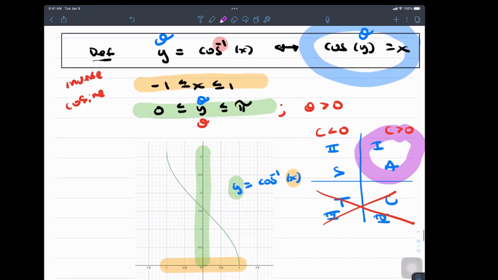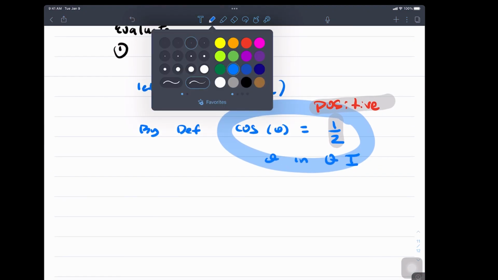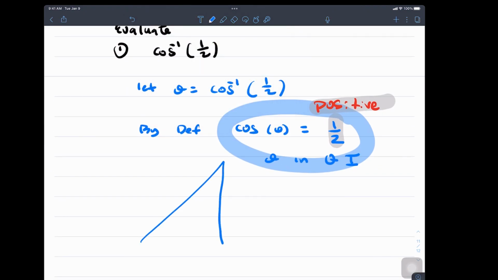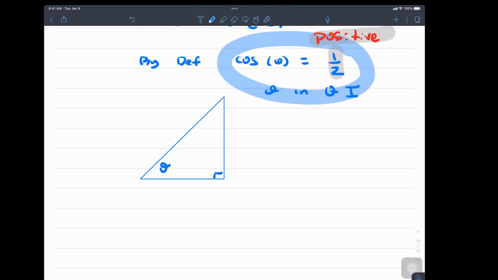So the next thing we have to look at, again, remember this. This is theta. The definition of cosine now is going to be what? Adjacent over hypotenuse. And again, notice that this is a special what? Triangle. 1, 2. Okay? So theta is going to be 60 degrees, or theta is pi over 3.